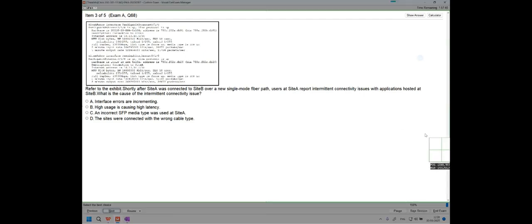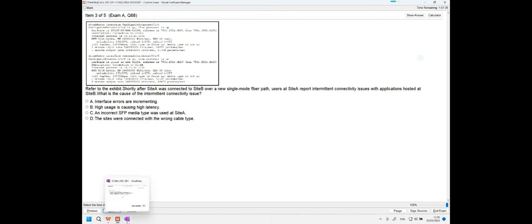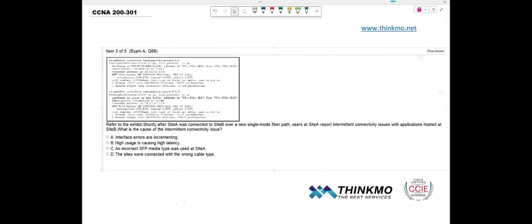Okay, the third question has an illustration, but this illustration is not very clear. It says to refer to this illustration.